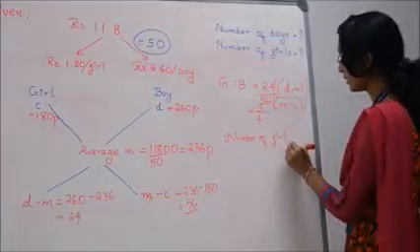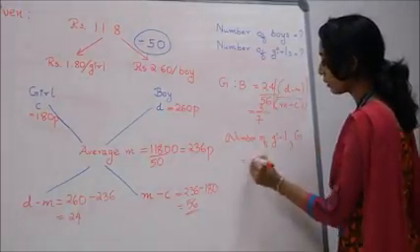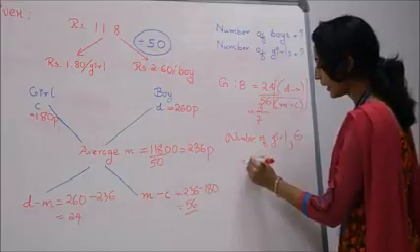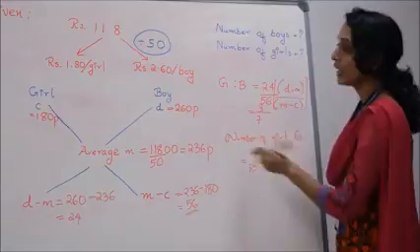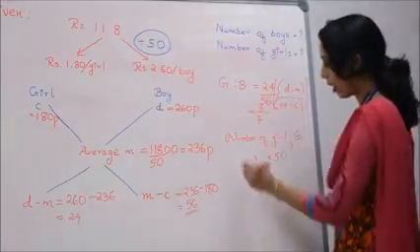That is nothing but G is equal to 3 by 10 into 50. 50 is what? It is the total number of girls and boys.